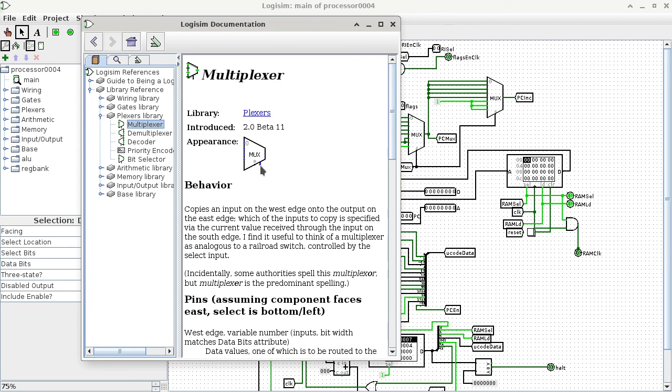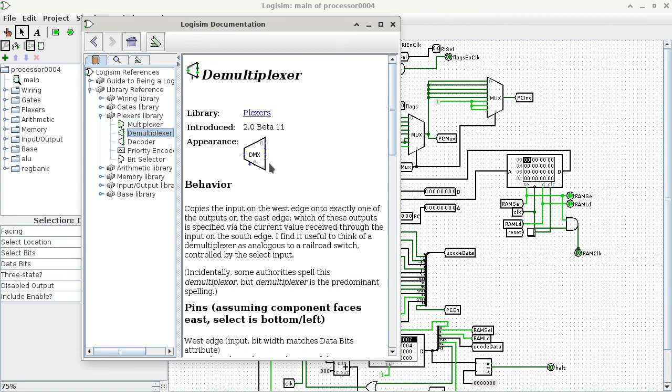Is that okay? So now we got the multiplexer and the demultiplexer. The demultiplexer is exactly the same except in the opposite direction. It still has a little gray dot here, which means this port is the log 2 of the number of outputs.